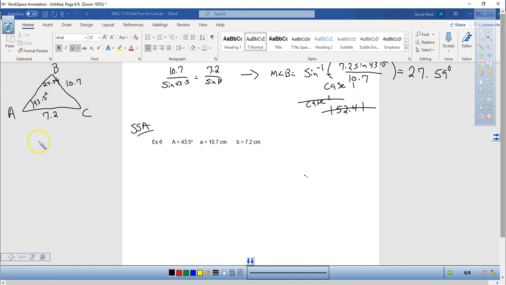Well, let's go ahead and solve for C. Angle C has to be 108.91. And solving for it, we've got 10.7 over sine 43.5 equals side C that we don't know over sine of 108.91. So C has to be 10.7 sine of 108.91 divided by sine of 43.5.